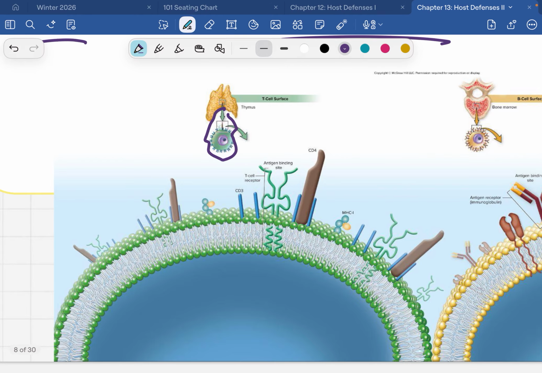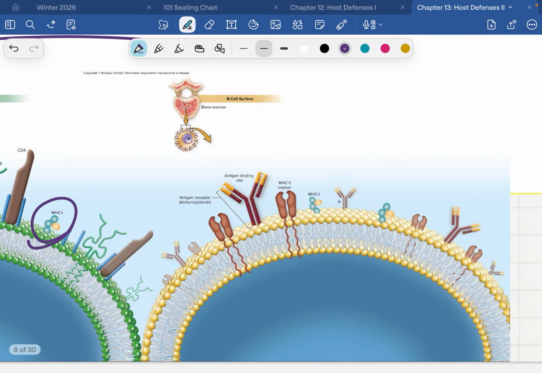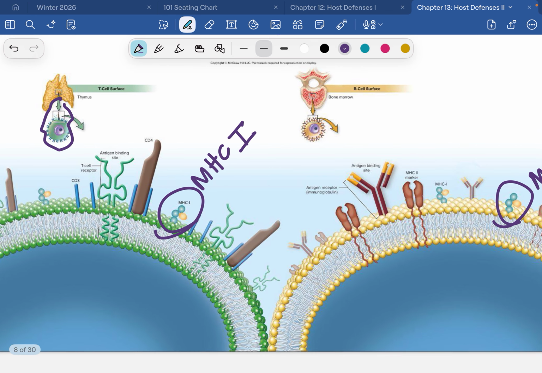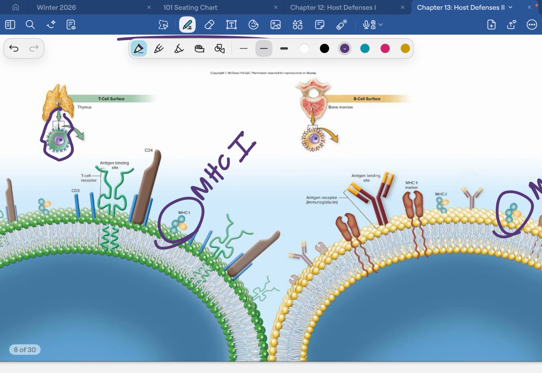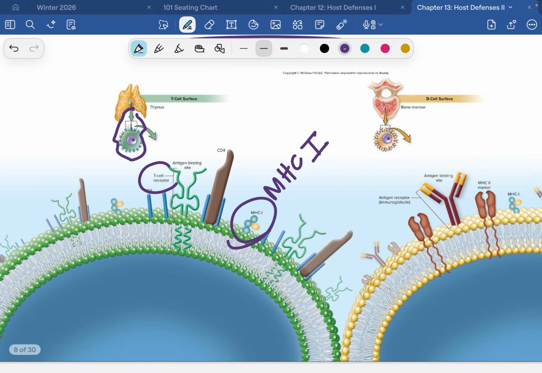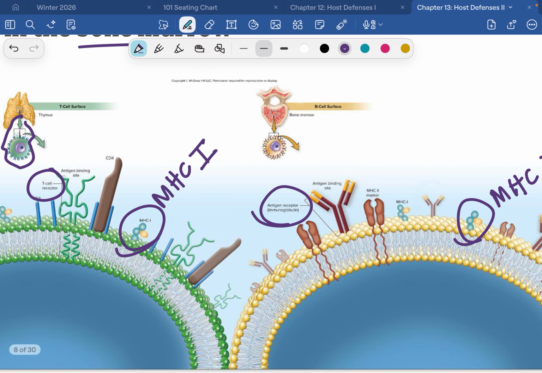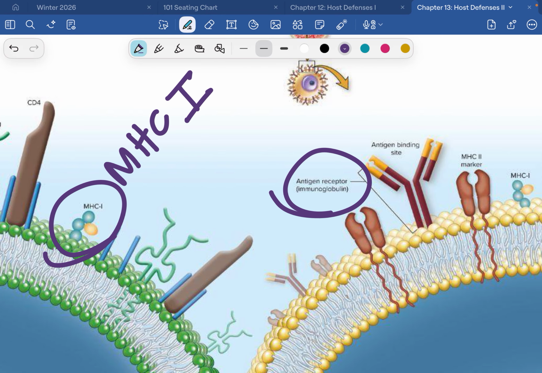So each of these B cells and T cells, now remember again that these are not red blood cells, so all of them are going to have MHC class 1. And each of these is going to have some kind of receptor. So T cells have T cell receptors, B cells have B cell receptors, but they of course get a fancy name called an immunoglobulin, which you're going to see on the next page.